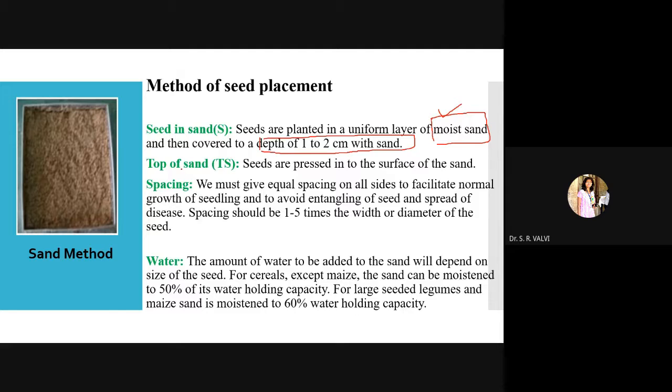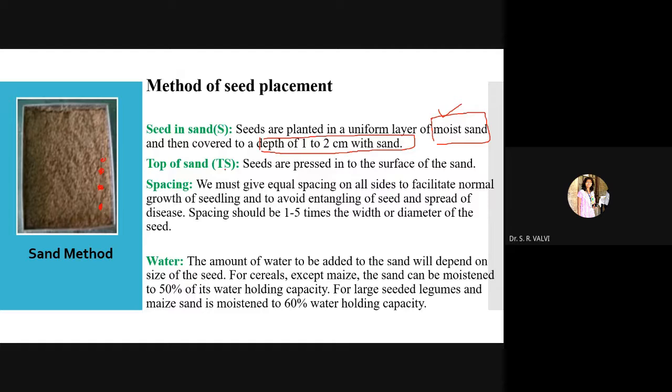This is the sand, and suppose here you have placed your seeds and your sand is moist. At a depth of 1 to 2 centimeter you have to press your seed, and then cover the seed again with sand. Likewise, in this manner you have to place the seed.